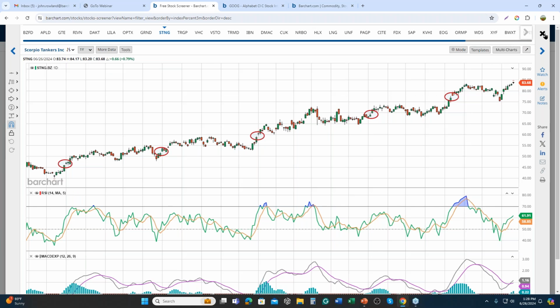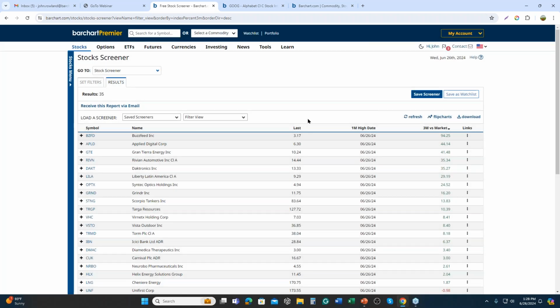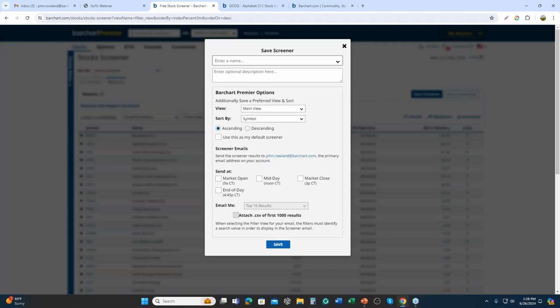So if I like this screener, what I can do at this point is come back based on these parameters, the filters I just set, and I could save that screener. I could just call this my Newton filter. In other words, I'm looking for those stocks that are in motion and that are continuing to stay in motion. And then I can write a description here.